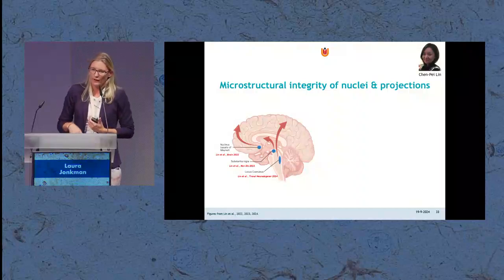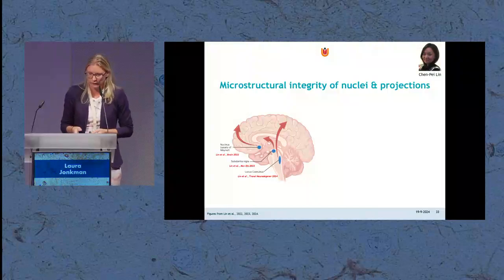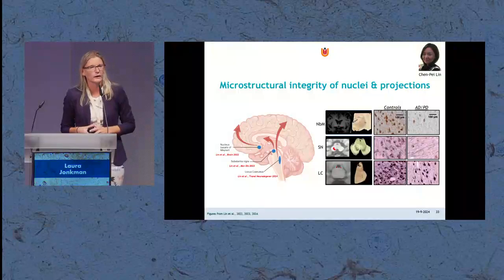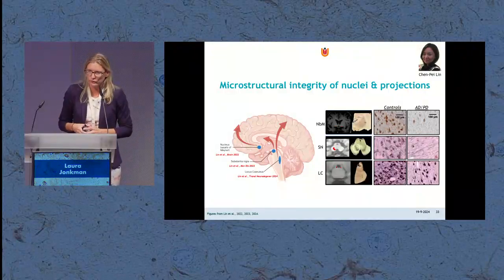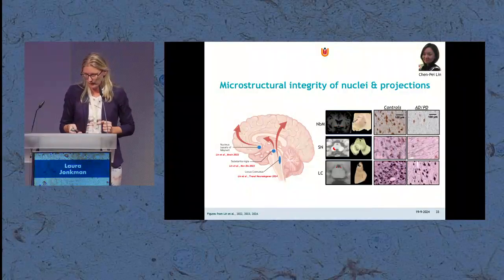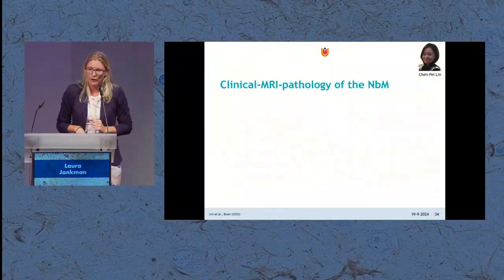What effect do these have on the diffusion outcome measures of microstructural integrity? Here is some example where you can already observe the cellular loss occurring in these regions. How do these influence the regional microstructure as well as the projections?